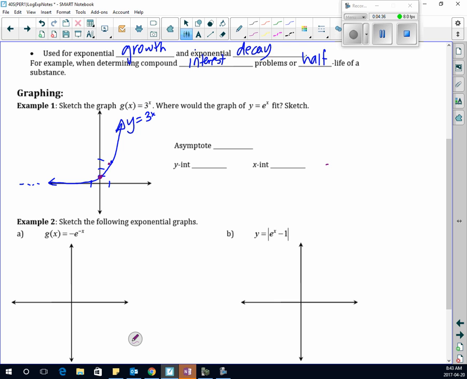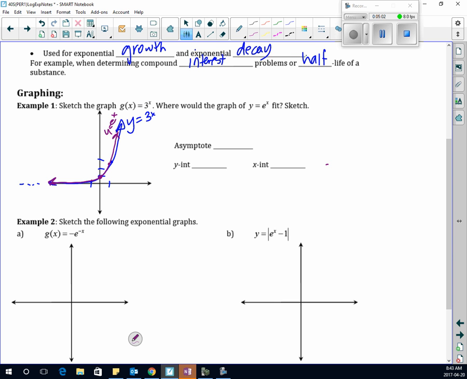Is the value at -1 going to be below 1/3 or above 1/3? E is smaller than 3, so if you reciprocate it, it'll be bigger, so it'll be above. So it's essentially a 3 to the power x graph. It's not really that much different.